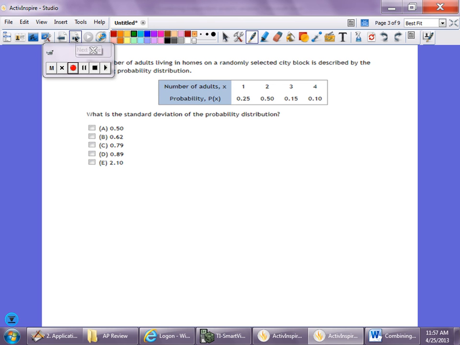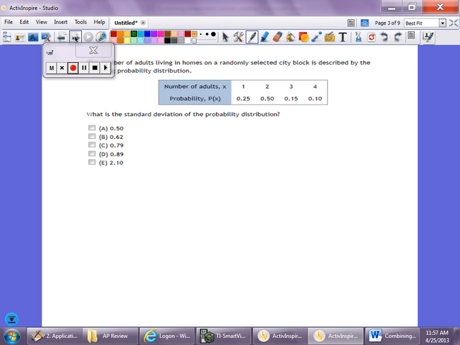Next problem, they give us a probability distribution. The easiest way to do this is actually on your calculator by putting your frequencies in L1 and your probabilities that accompany them in L2 and running stats. Okay?